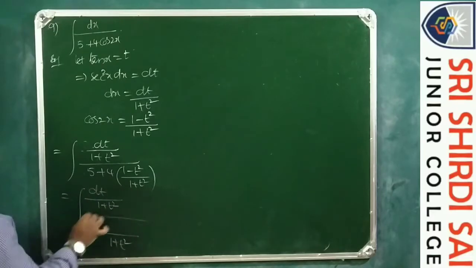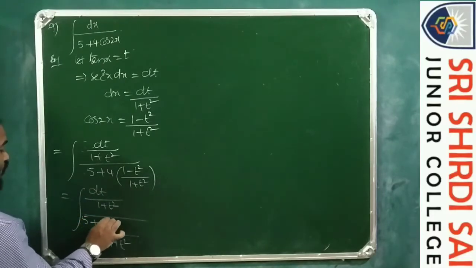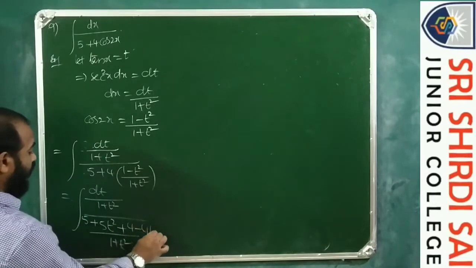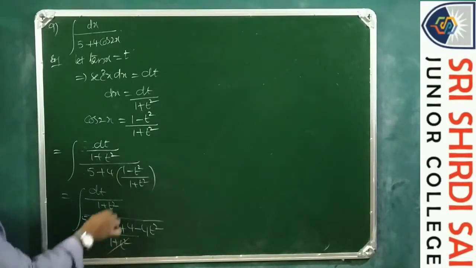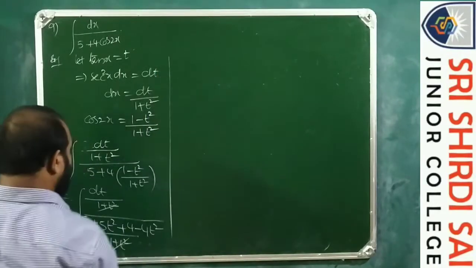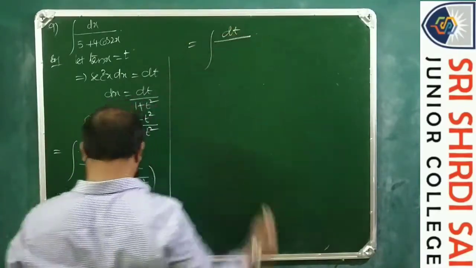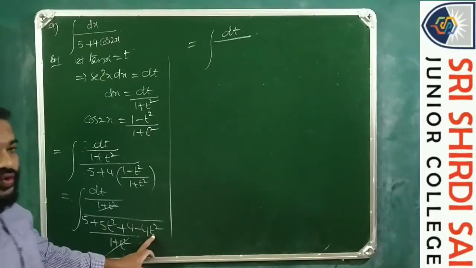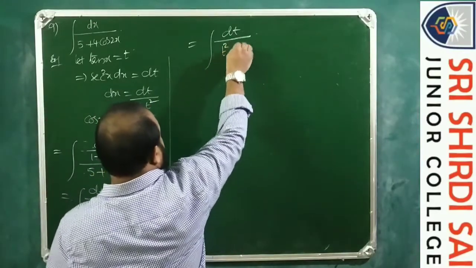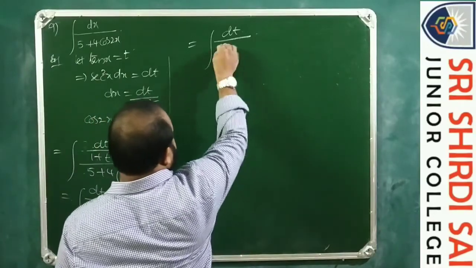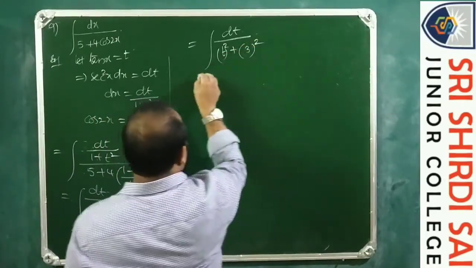So 5 into 1 plus t square is 5 plus 5t square, plus 4 into 1 minus t square is 4 minus 4t square. So 1 plus t square gets cancelled. This is equal to integral dt by 5t square minus 4t square is t square, plus 5 plus 4 is 9. 9 can be written as 3 whole square.